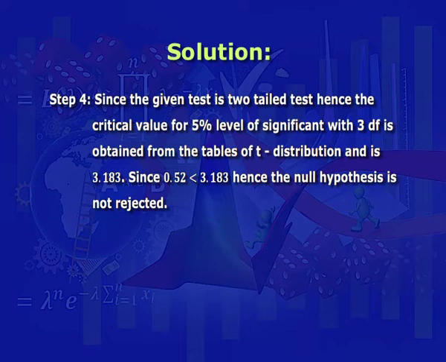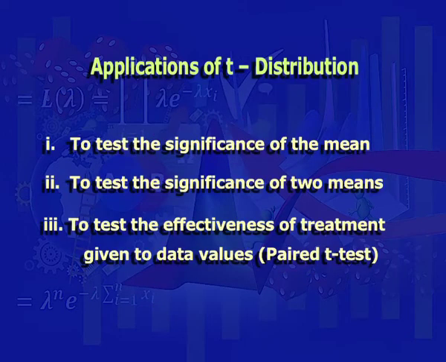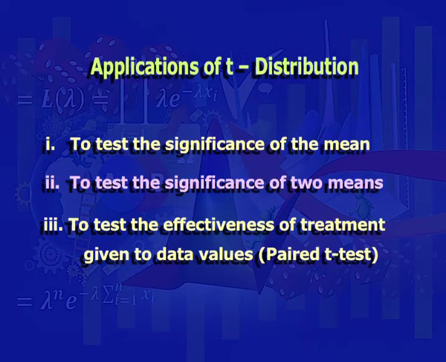Since 0.52 is less than 3.183, the null hypothesis is not rejected. Step 5. At 5% level of significance, we do not reject the null hypothesis, hence we conclude that the population mean is 2.